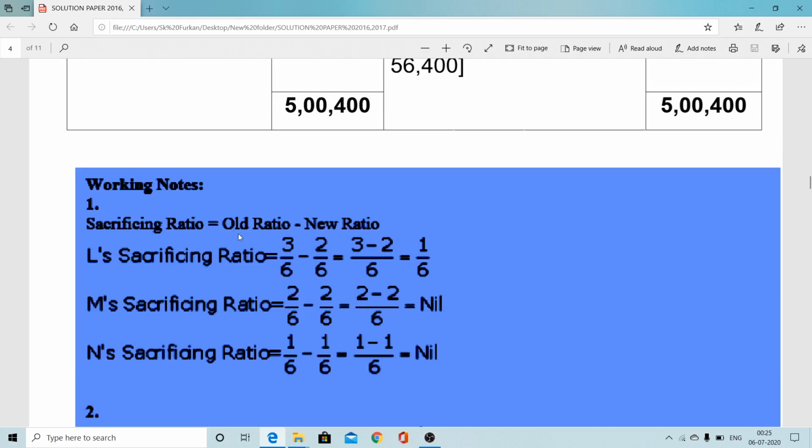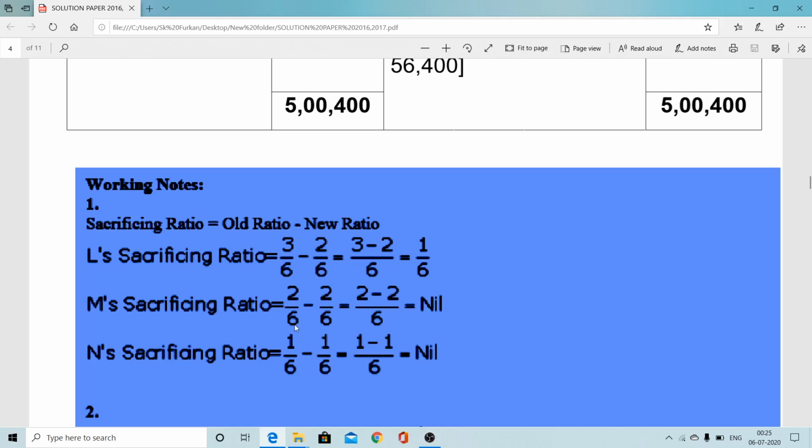Here is the calculation of the sacrificing ratio. The formula is old ratio minus new ratio. The sacrifice of L is 3/6 minus 2/6, so it comes to 1/6. M: old 2/6, new also 2/6, so it is unchanged.